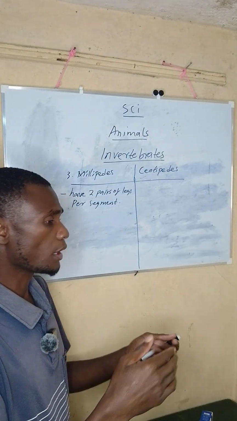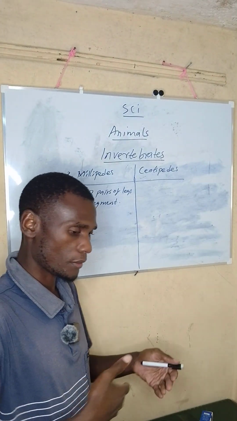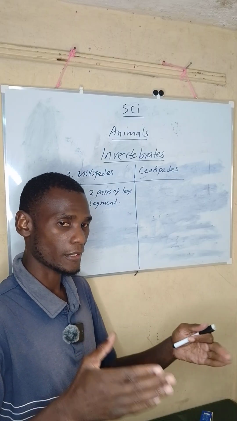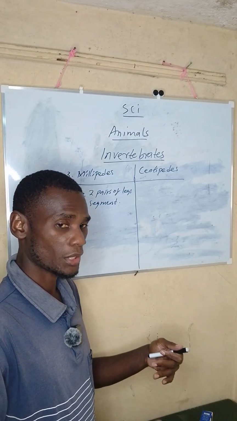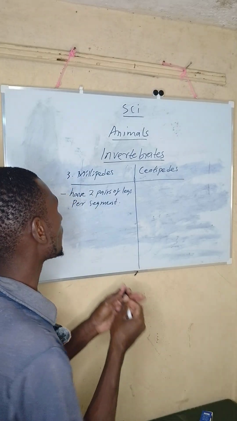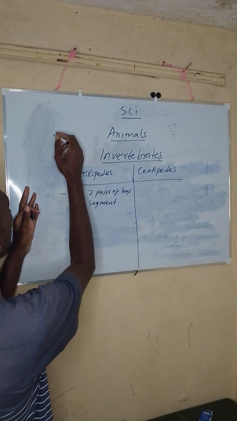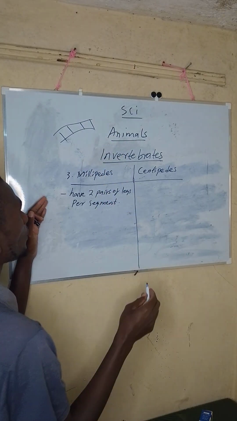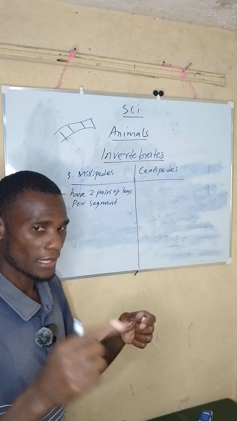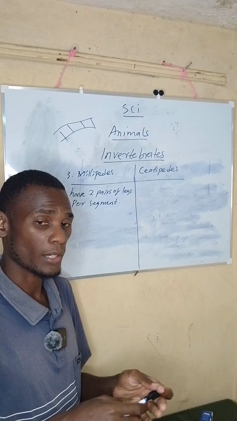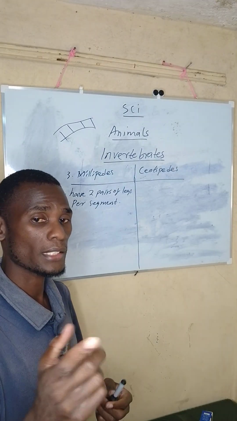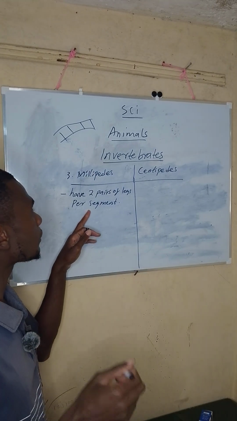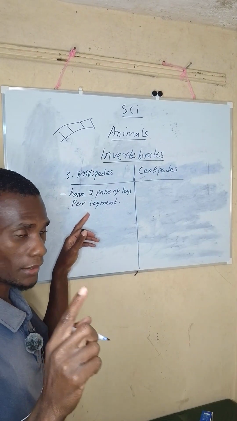Segmented bodies means bodies that have chambers, like the coaches of a train. So for the millipedes, one segment has two pairs of legs. And if I talk about two pairs, that means 4 legs in total. So these ones have 2 pairs of legs per segment.